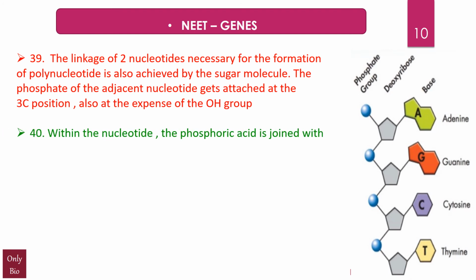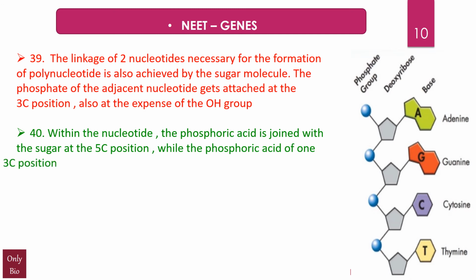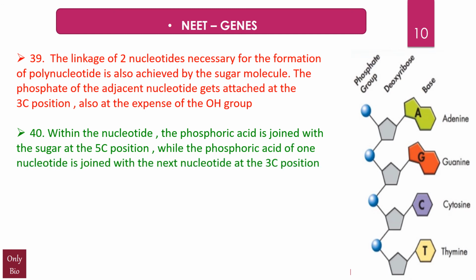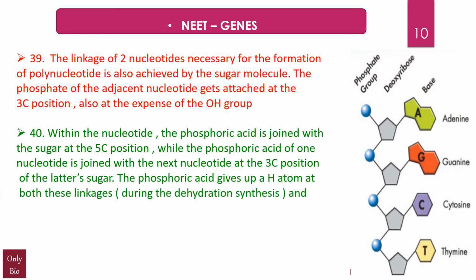Within the nucleotide, the phosphoric acid is joined with the sugar at the 5 carbon position, while the phosphoric acid of one nucleotide is joined with the next nucleotide at the 3 carbon position of the latter's sugar. The phosphoric acid gives up a hydrogen atom at both these linkages during the dehydration synthesis and becomes a phosphate group, that is PO4.